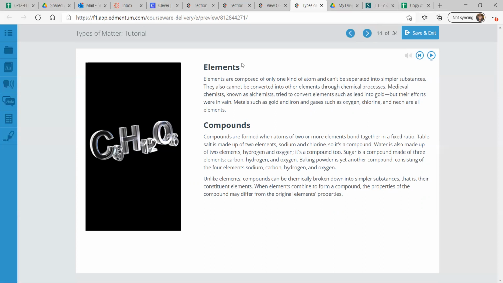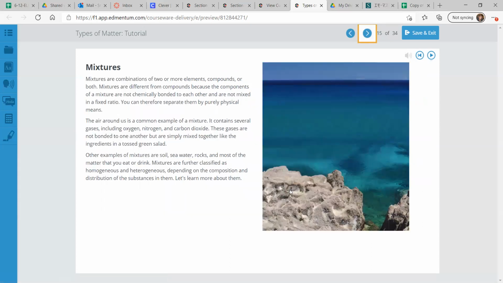So elements are the most basic, simple substance version of themselves. Compounds can be broken down into those simple elements with chemicals, right? Or some chemical process. Mixtures are combinations of two or more elements, compounds, or both.